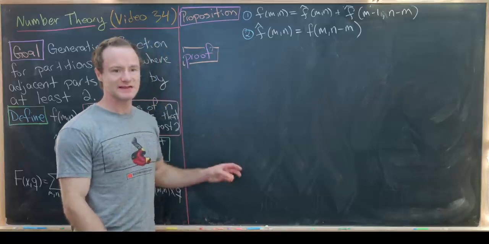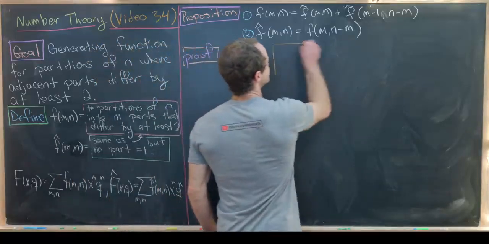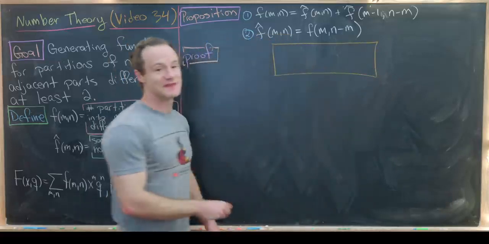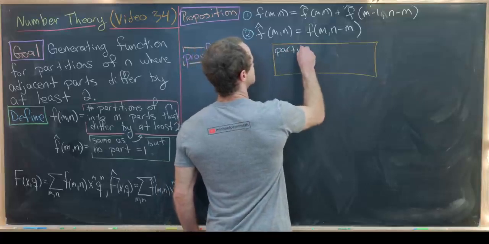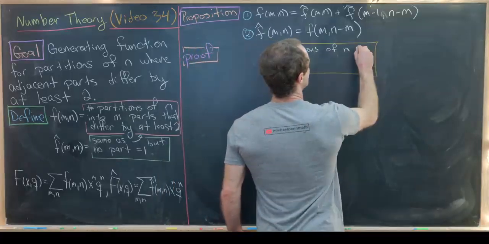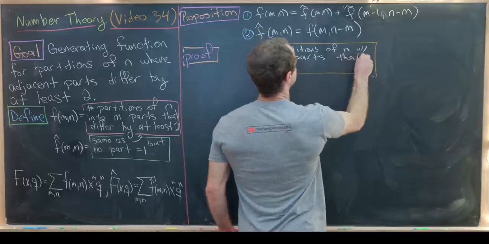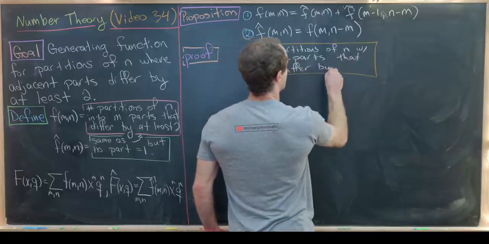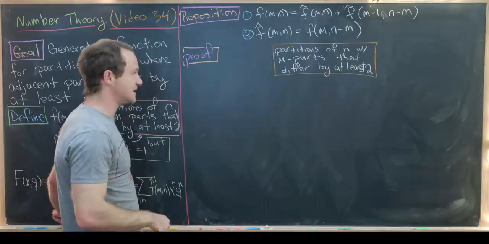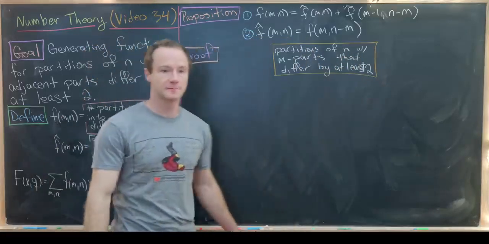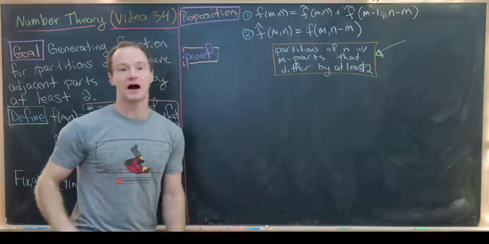Okay, so let's see how this proof goes. And I think maybe the best approach to this proof is kind of visual. So let's start up here and say that this box contains all partitions of n with m parts that differ by at least 2. So by the definition of our function over here, we know exactly how many elements are in this box.